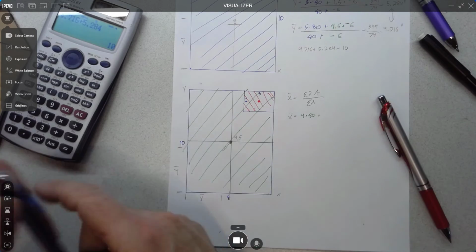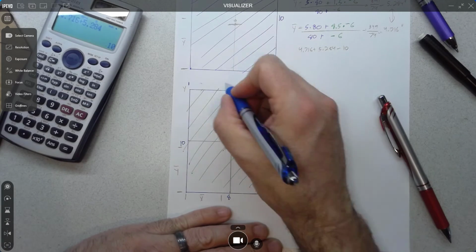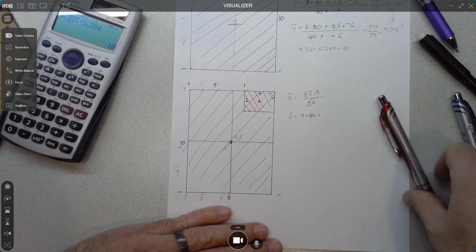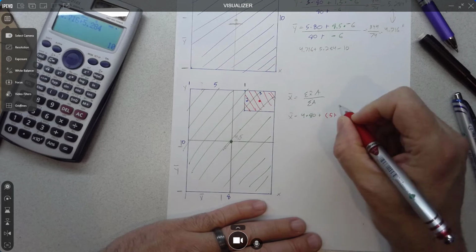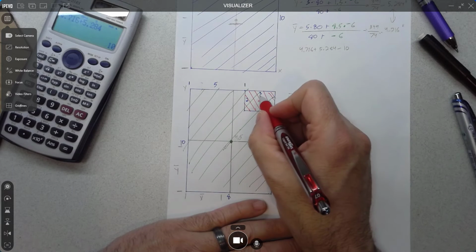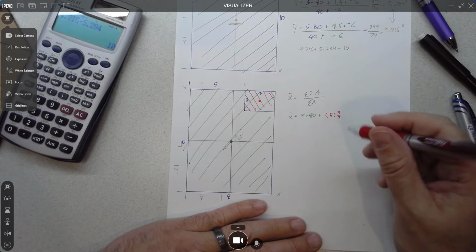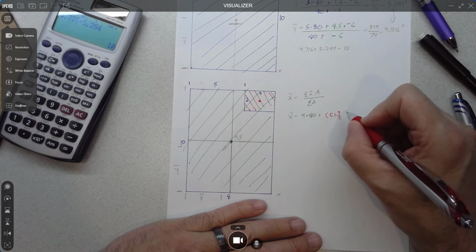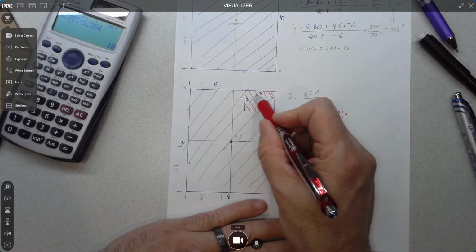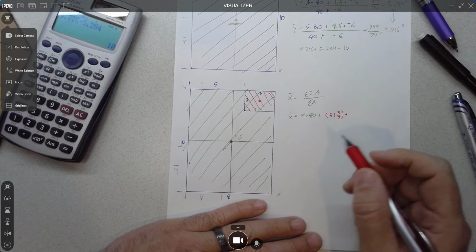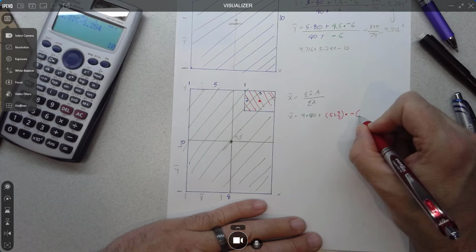Let me write that out there. This distance right here is 5. So the distance to the centroid of that is going to be equal to 5 plus half the width of it. So 5 plus half of 3. That's 5 plus 1.5, so that's 6.5, times, and now here it's a negative number because we're getting rid of this corner piece. So that's going to be minus, the area of that one is 6 again.